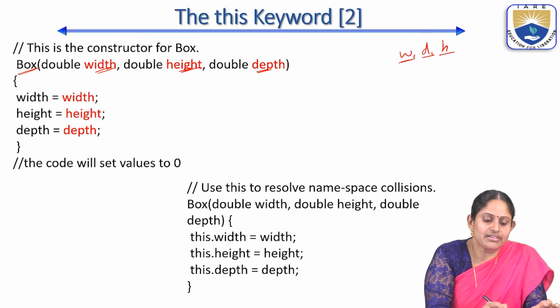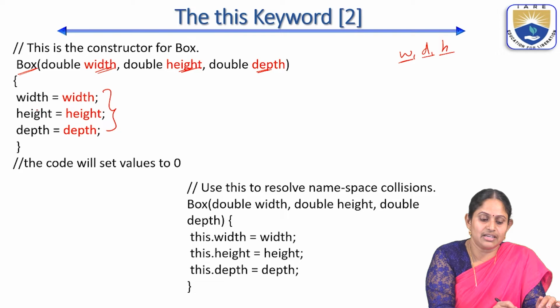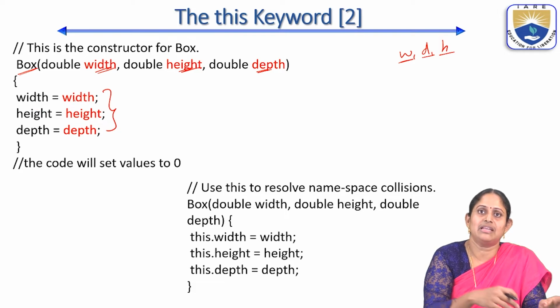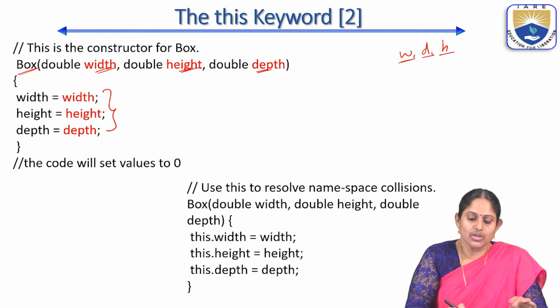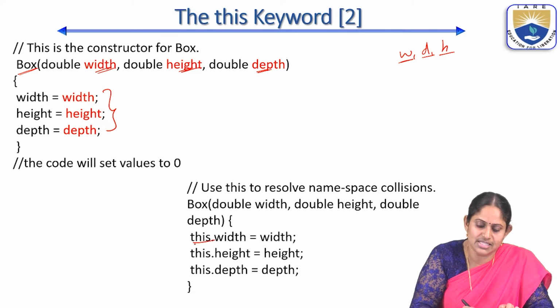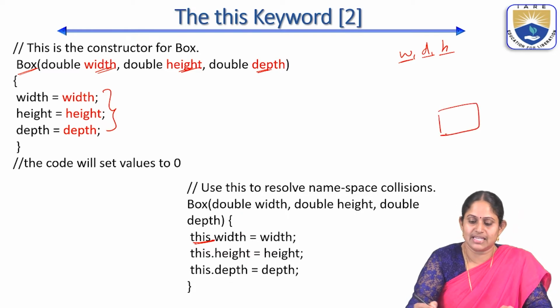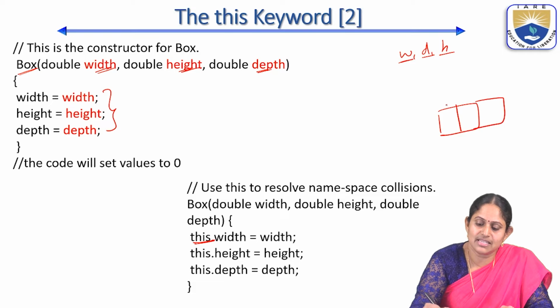So generally this is the way we write. So here it is difficult to understand which is the class variable and which is the local variable. This problem can be resolved by making use of this keyword. Whatever object is being created, let's say we have this width, this height, and this depth.